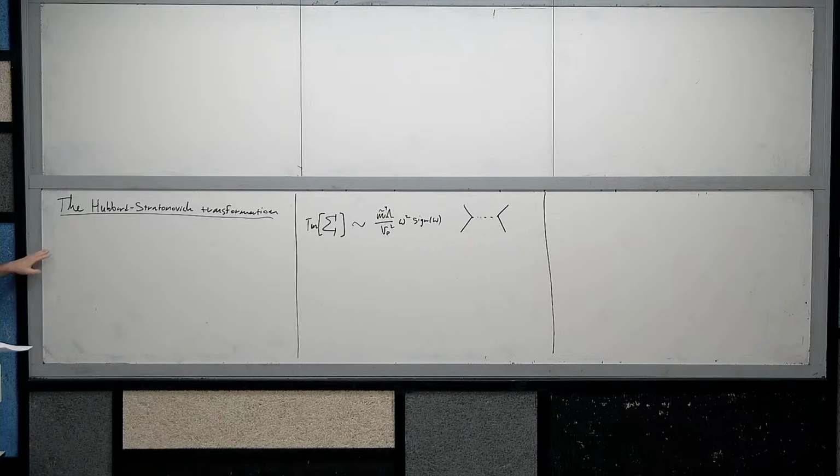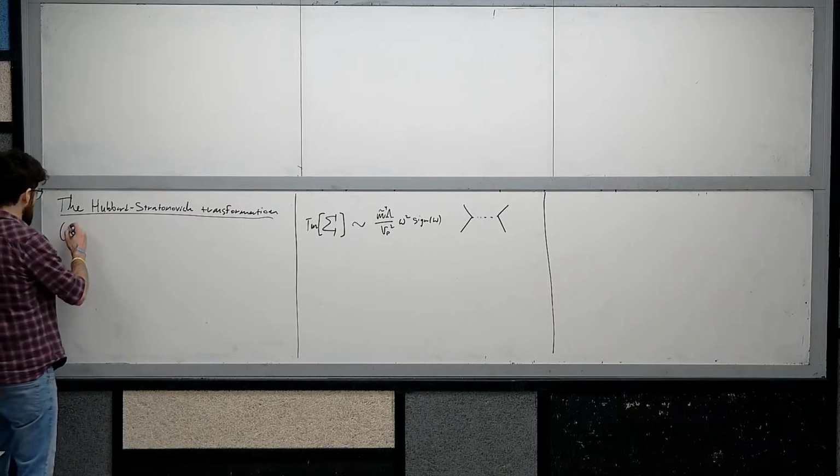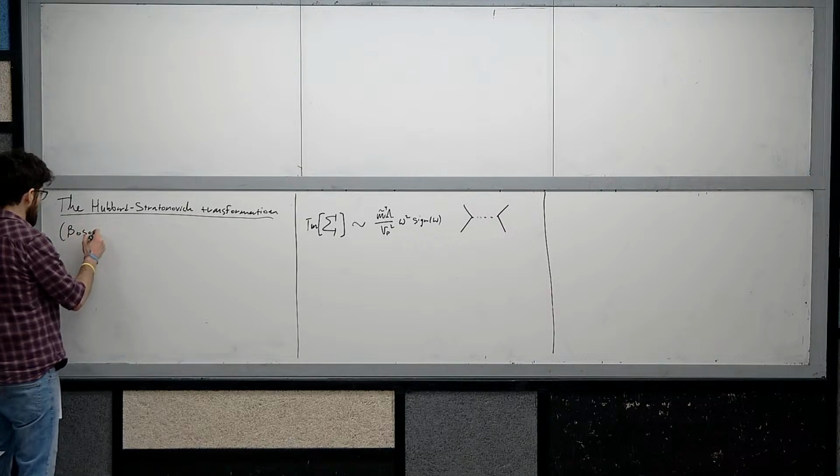This is done through what is known as the Hubbard-Stratonovich transformation, and in high energy they call this bosonization.